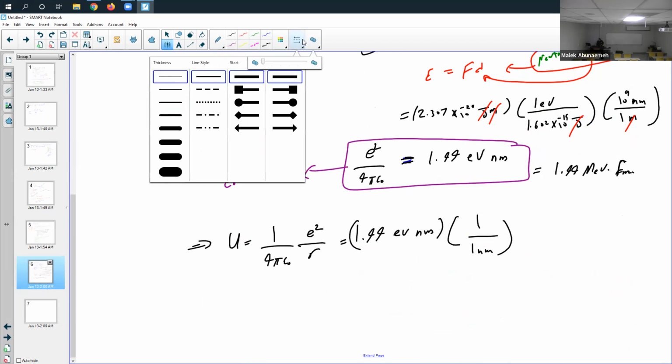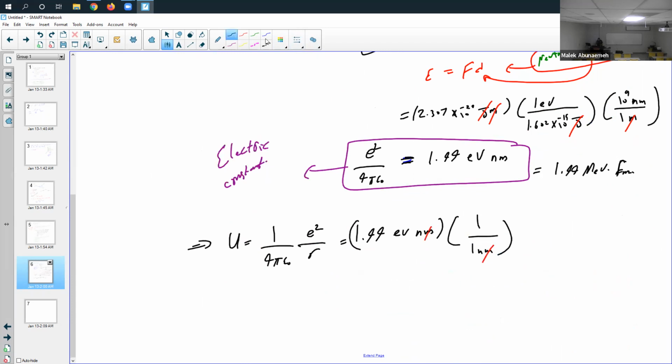That cancels out our nanometers, and you will get a potential energy of 1.44 electron volts. Wonderful.